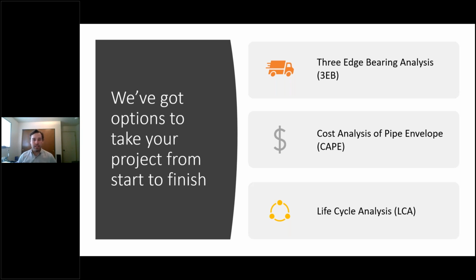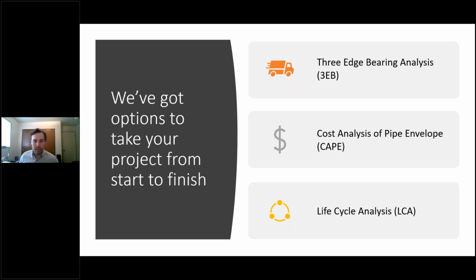Now, the cost analysis of pipe envelope takes a look at the entire cost of that system. So you're not only looking at capital costs of the pipe itself, but you're also looking at material costs, trench width, trench depth, and length of pipe. It also includes labor and some other different costs associated.